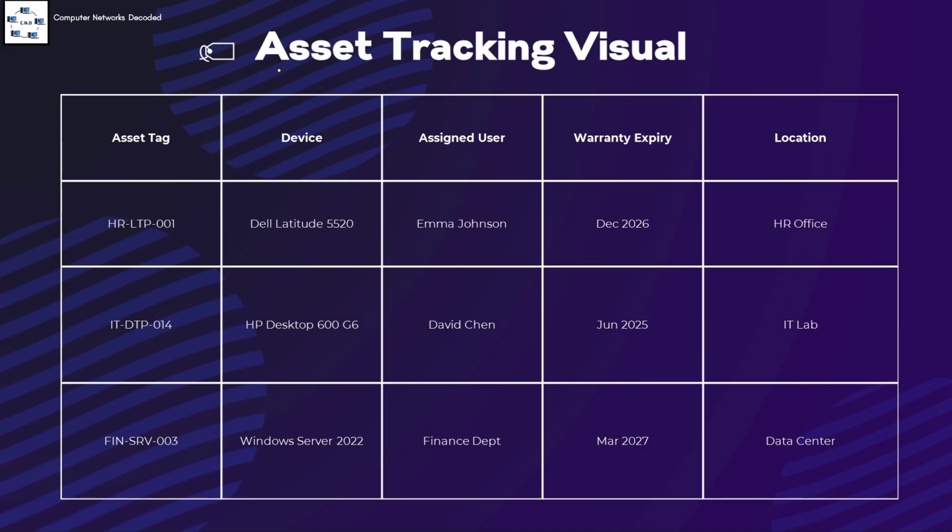So again, this is an example of an asset tracking visual. The asset tracking system may have the asset tag, device information, the user to which the device is assigned, the warranty expiration of the device, and the location of the device. For example, we have this tag of an asset, HR-LTP-001.